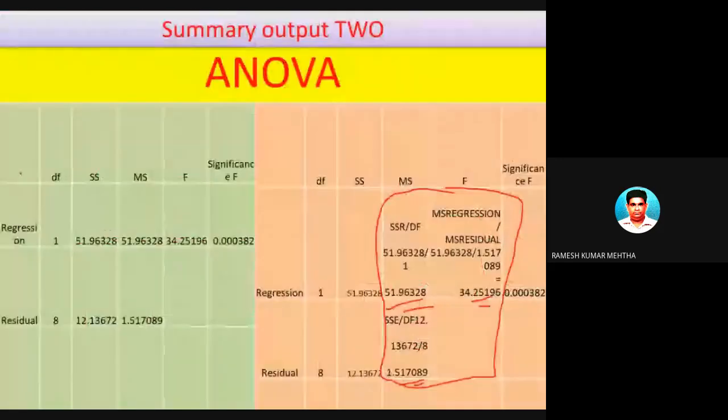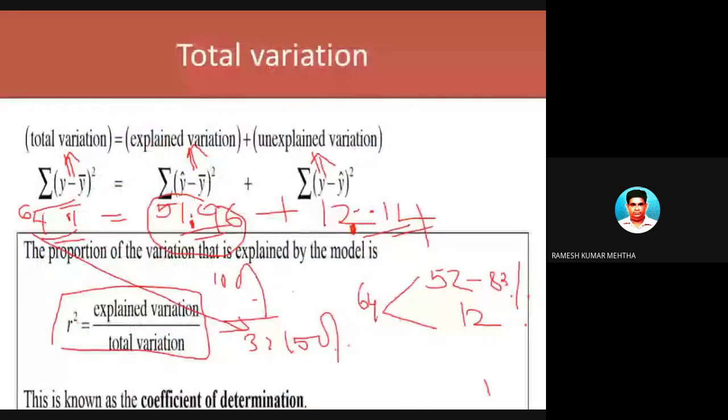So let's go back to our original slide. I have to keep on navigating from one slide to another slide because of the given situation. So what I mean to say is this numerator should be more in comparison with the denominator, so out of this total variance this should be very high.